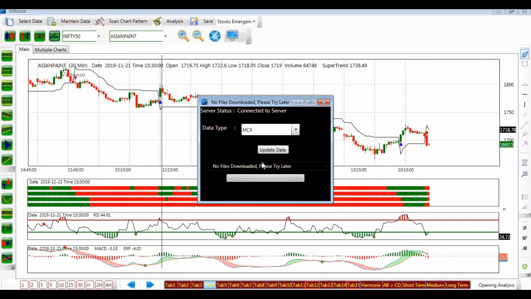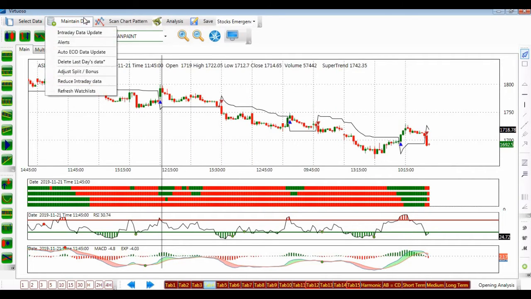Similarly for MCX, this would update all the intraday and EOD data for you. Now, other options are there. You can reduce the intraday data, or you can manage splits and bonuses. You can refresh the watch list from here and delete last day's data, which are not that useful for us right now.